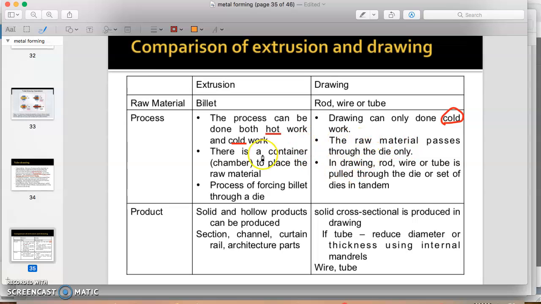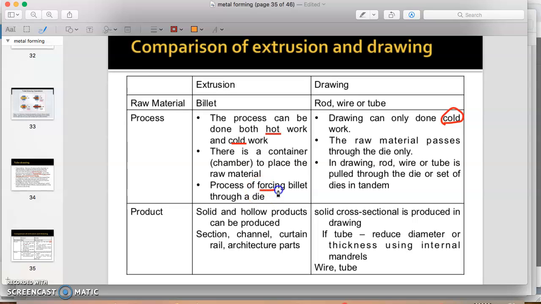For extrusion, there is a container chamber to place the raw material, and for drawing, the raw material passes through the die only. In extrusion, the process is forcing the billet.